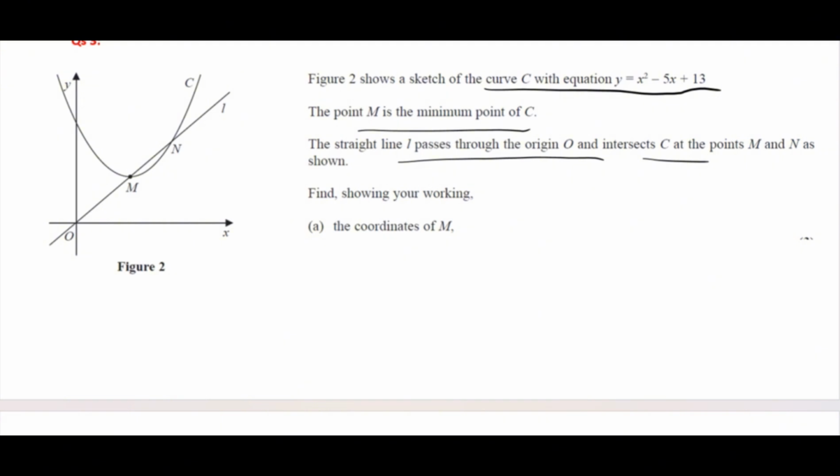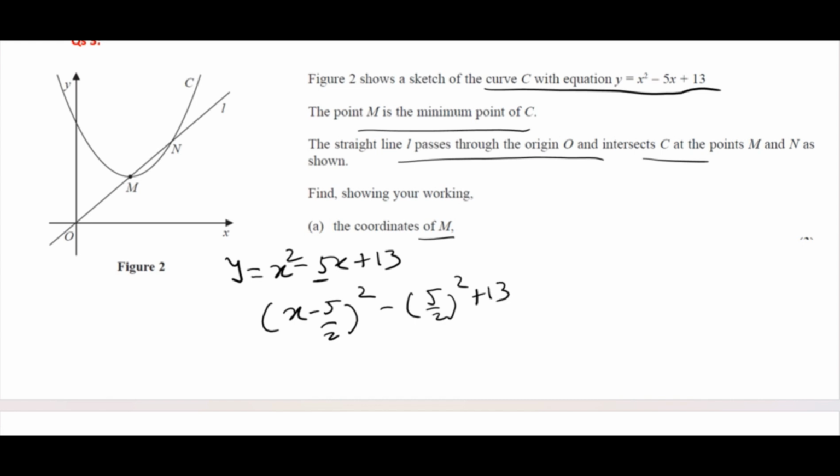Last topic we did this. If you want to find the coordinates of the turning point, then for this equation we have to complete the square. That will give us the coordinates of the turning point. So how can we complete the square of this one? So this is your b. x minus 5 over 2 squared, minus 5 over 2 squared, plus 13.